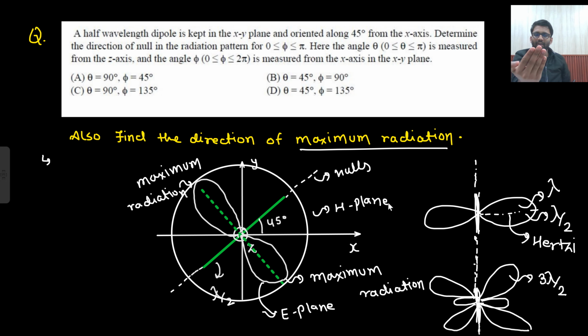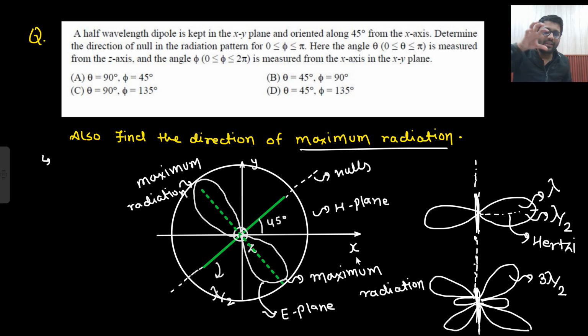Now if you keep on going in the direction of z, that means the theta value is getting decreased, and the radius of the circle will keep on getting decreased. So maximum radiation will be on this particular plane only. People will have a doubt, sir, that these two lobes will be there not only for theta equals 90 degrees, but also for theta equals 45, 30, 20 degrees as well.